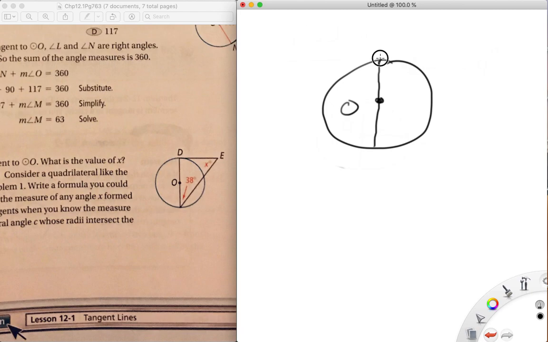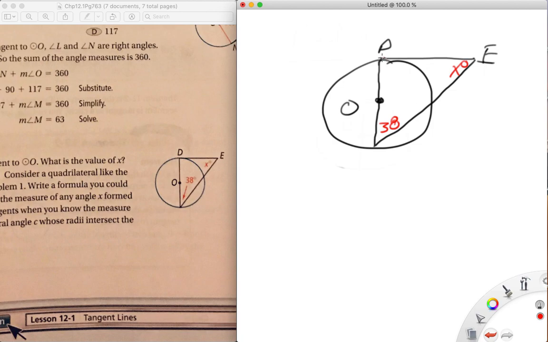We have a tangent line at D. And then we have an E over here. This is 38 degrees. This is X. They want to know what X is.